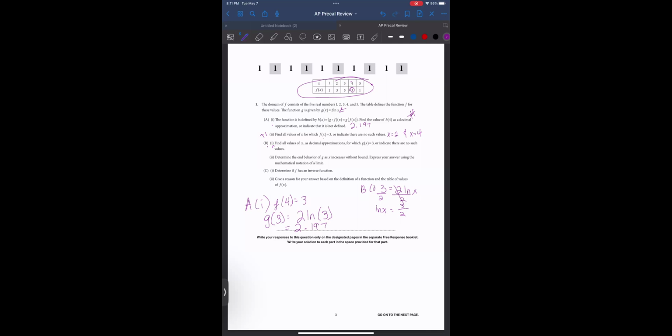I feel like they wouldn't take points off if you're within a range. However, if I were to do 3 halves in the calculator and use only a certain number of decimal places, my answer is going to be a little bit off from what the textbook answer is. Okay, what's my next step?